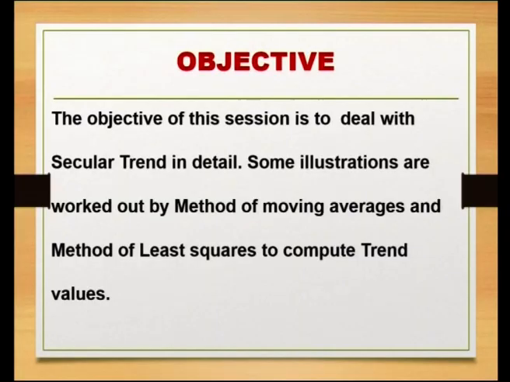Also, calculating secular trend by freehand or graphical method and method of least squares have been dealt. In this session, we are also going to deal with the secular trend calculations by the method of least squares, wherein the summation x is not equal to 0, and also some examples have been worked out in finding the trend values by the method of moving averages.